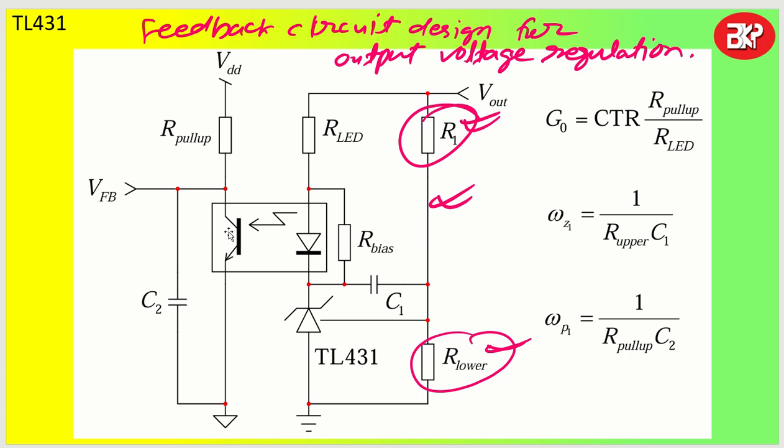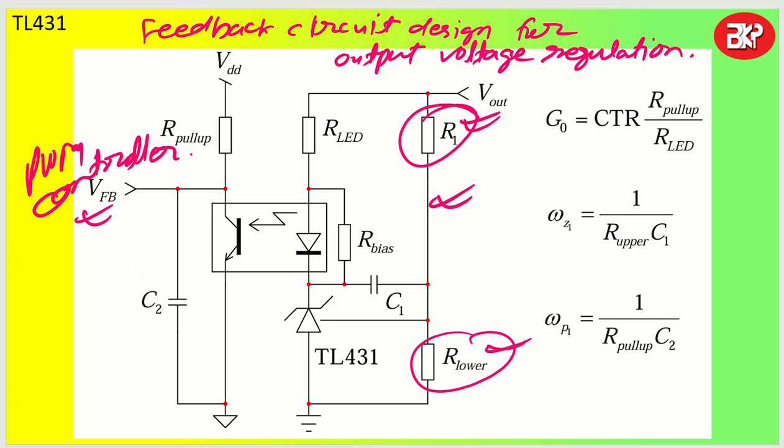This is my optocoupler which will send the feedback voltage to the primary of the circuit, or to my PWM controller. So hope you now have a very good idea of how to deal with TL431 to design your feedback circuit to regulate the output voltage of your AC-DC converter design.